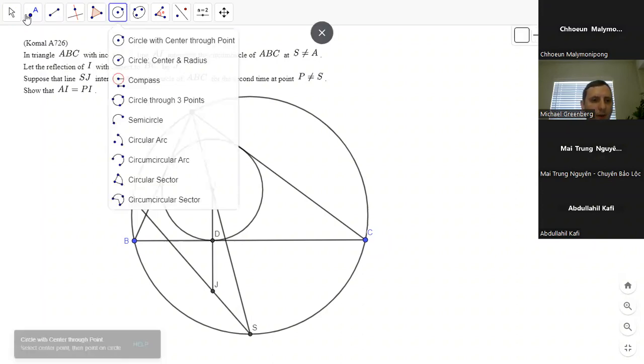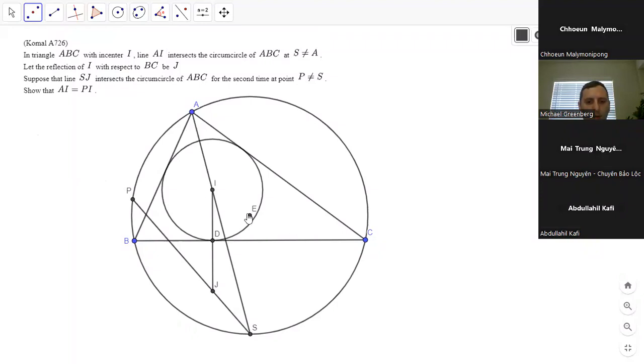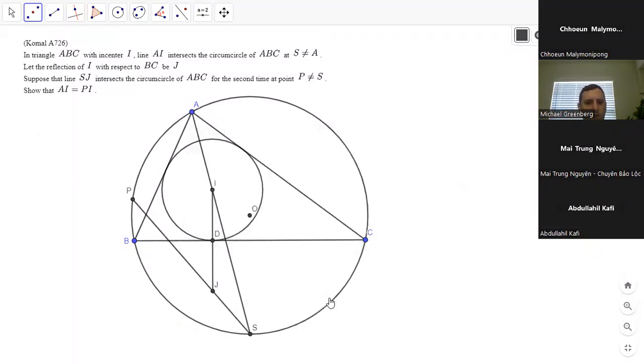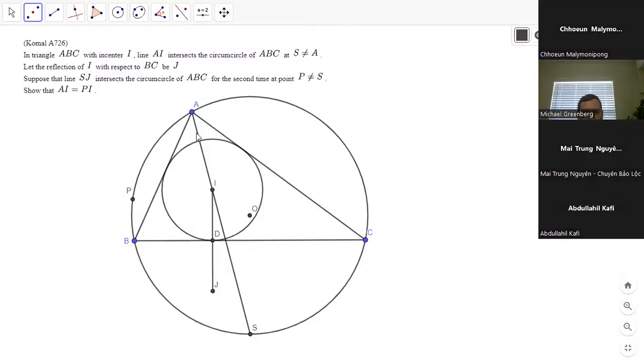So another way we could draw the center of this, it's the same as saying OI is perpendicular to AP. So what we could do instead is let P prime be the reflection of A over OI.